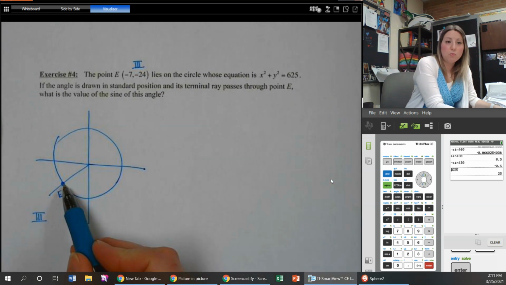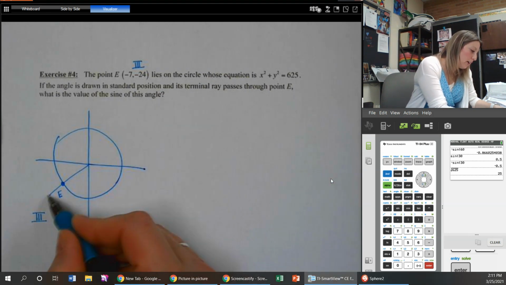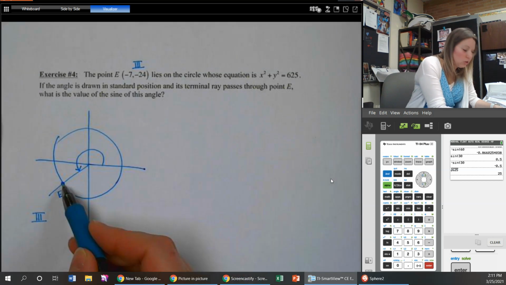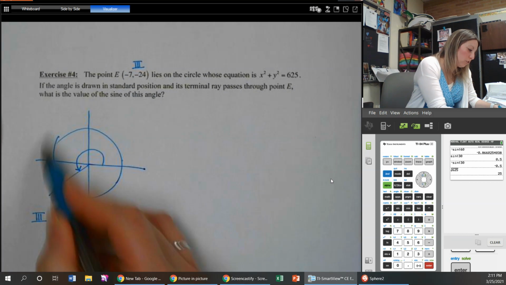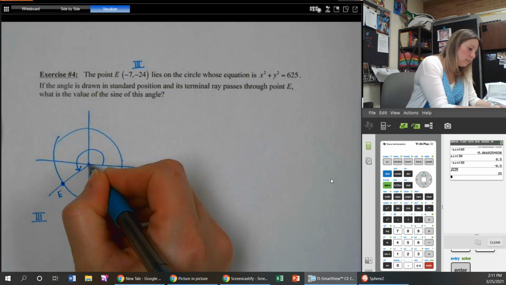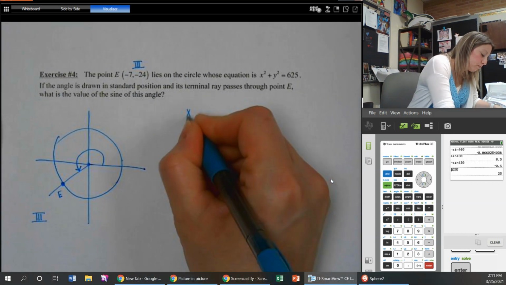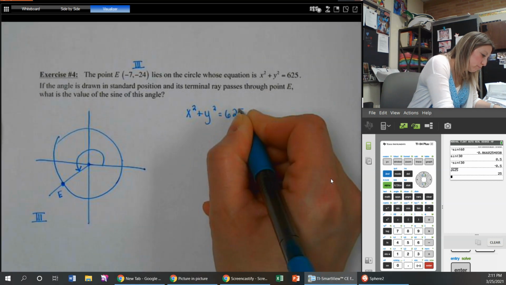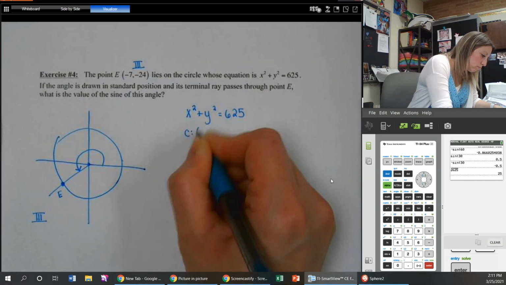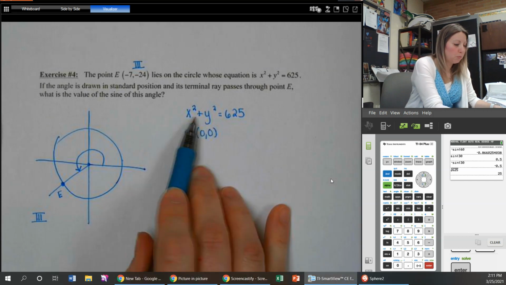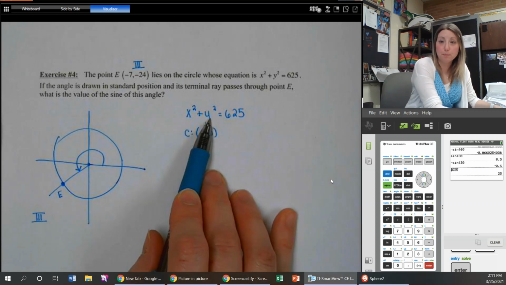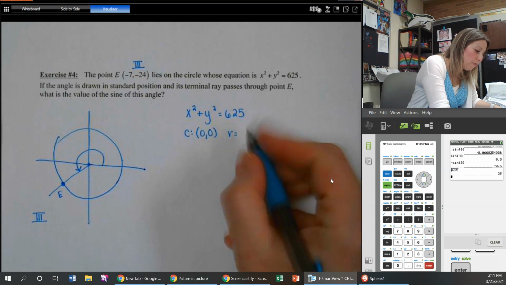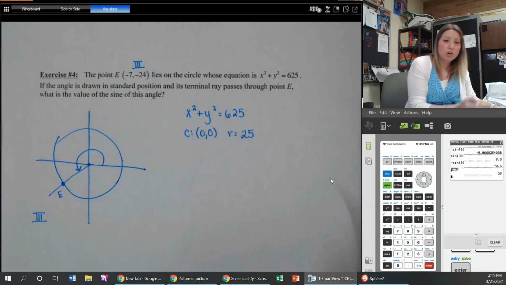So point E, we're just saying that this angle right here passes through point E on this circle whose center is at 0, 0. Okay, because we don't have anything added or subtracted here in these binomials. And the radius is the square root of 625, which we just learned is 25.